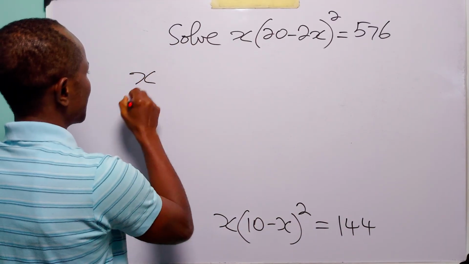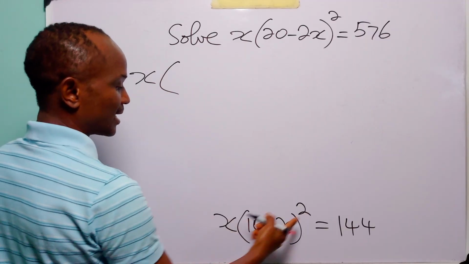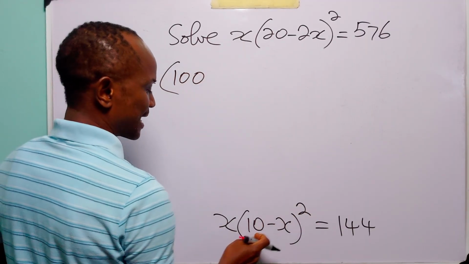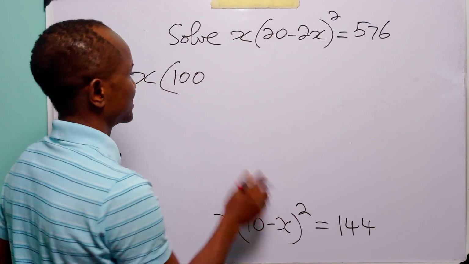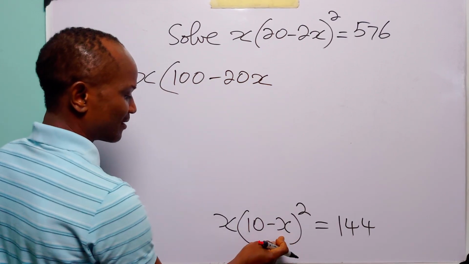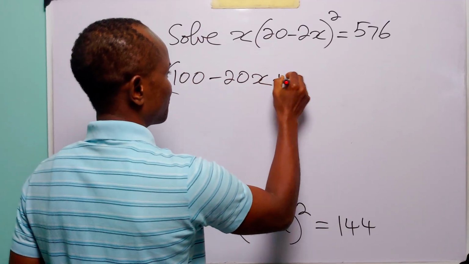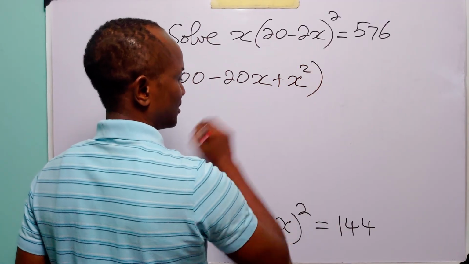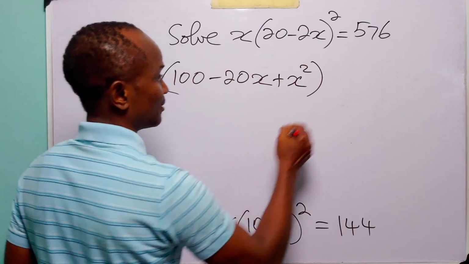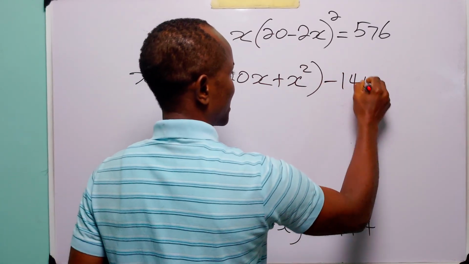We have x into 10 squared is 100. 2 times 10 times minus x is minus 20x. And minus x squared is plus x squared. 144 coming over the equality sign becomes minus 144.